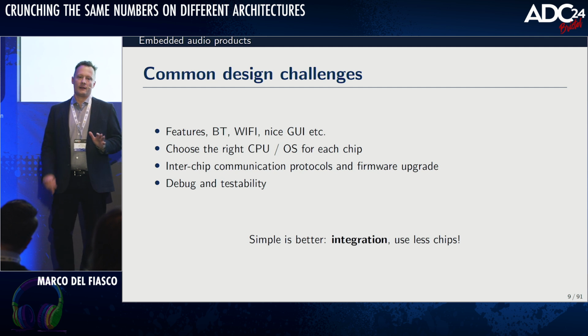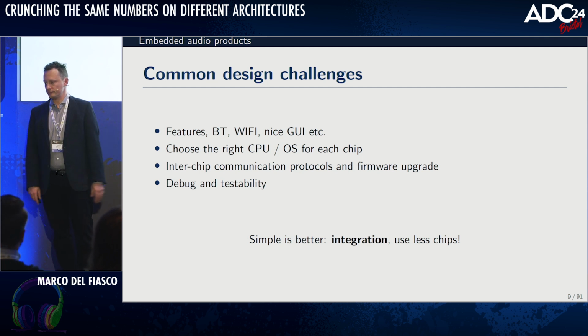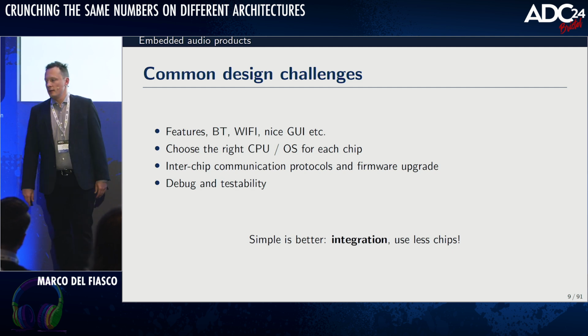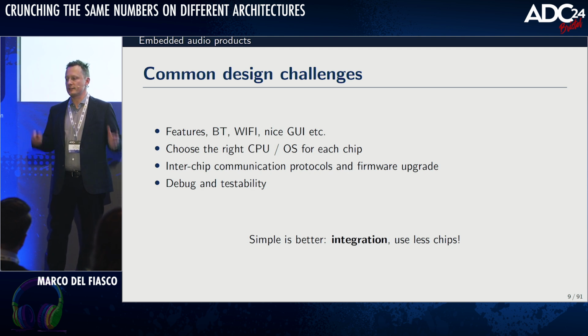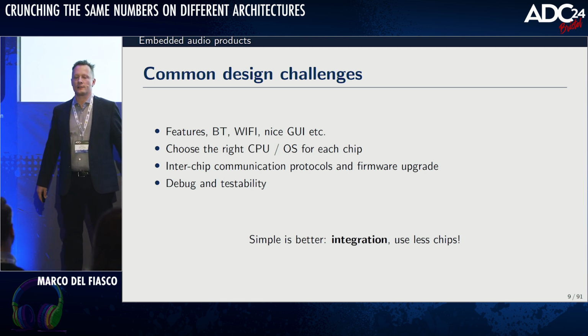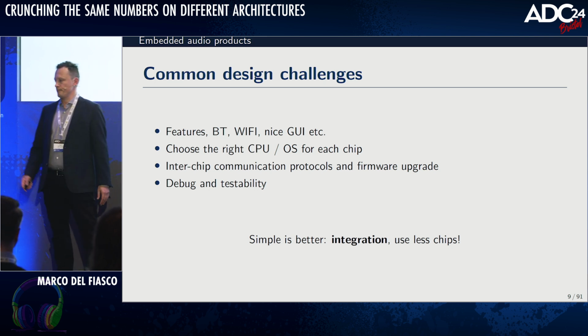Distributed systems are more complex to handle. And then we have to face the debug and testability, which is very, very important nowadays. General rule, keep it simple. Simple is better. So if you're able to integrate all the components in one CPU, it's generally faster to implement and to maintain. But it's not always possible.